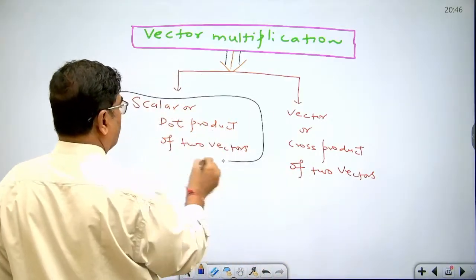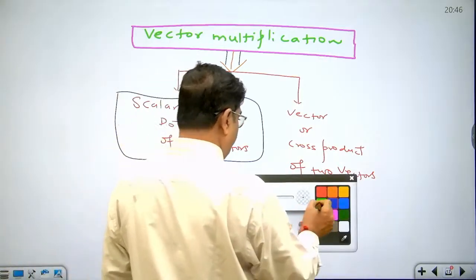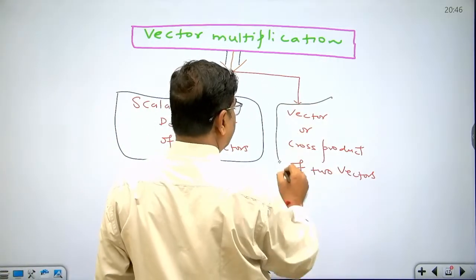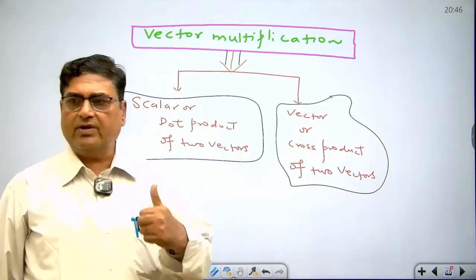Why is this called scalar product? Because the multiplication of two vectors gives us a scalar quantity. And why is this called vector product? Because multiplication of two vectors gives us a vector quantity. Okay.